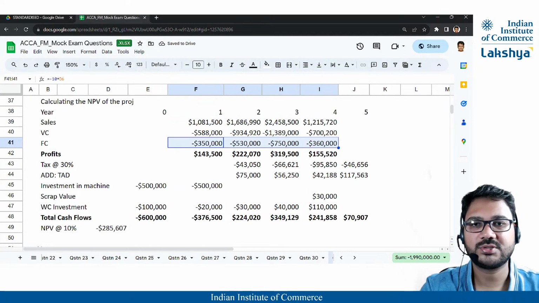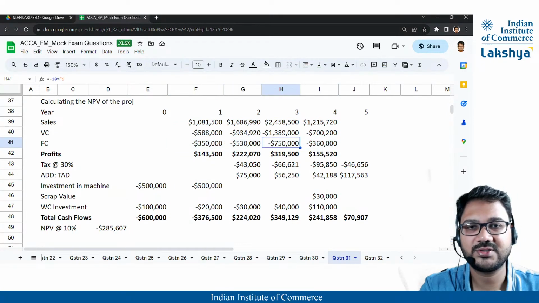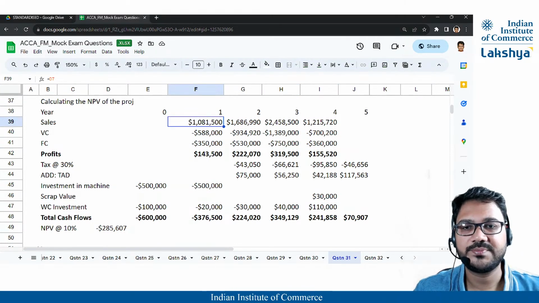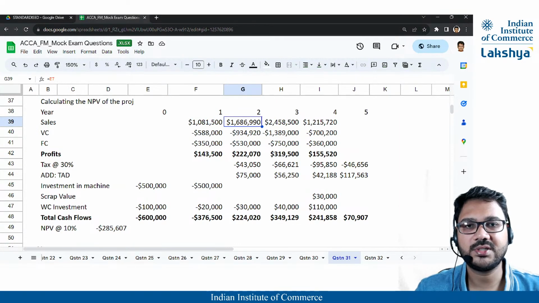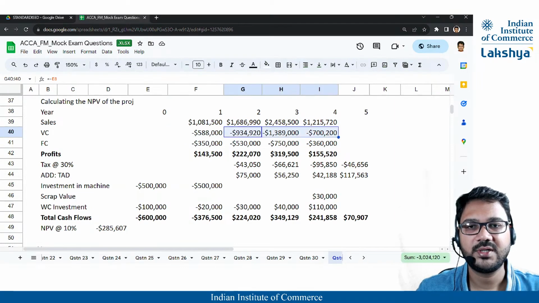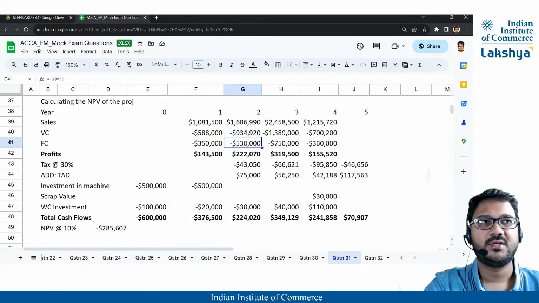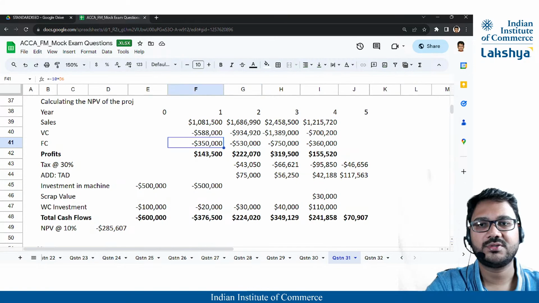So fixed costs are negative 530, 530. I think I'll just recheck all the signs. Sales are all inflows, so positives. Variable cost will be negatives.